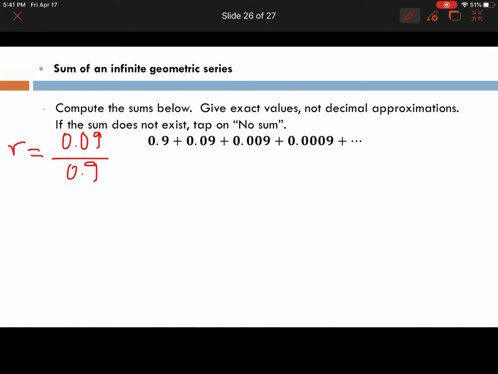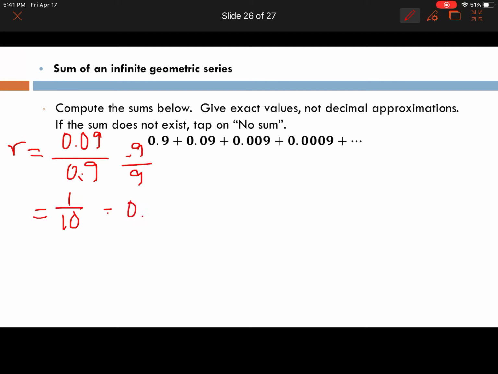So you can think of this however you want. I'd like to multiply by 10. You might multiply by 10, and then you'll know you have 0.9 over 9. Or you could multiply by 100, and I would have 9 over 90, which reduces to 1/10.